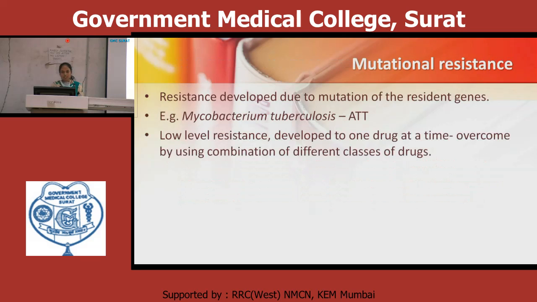Resistance developed due to mutation of resident genes is mutational resistance, for example Mycobacterium tuberculosis against ATT. Low level resistance develops to one drug at a time, overcome by using a combination of different classes of drugs.